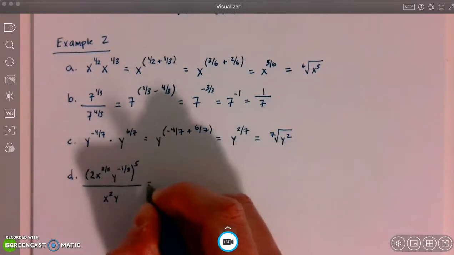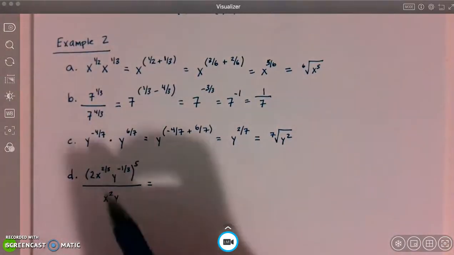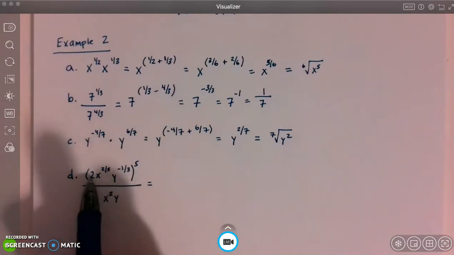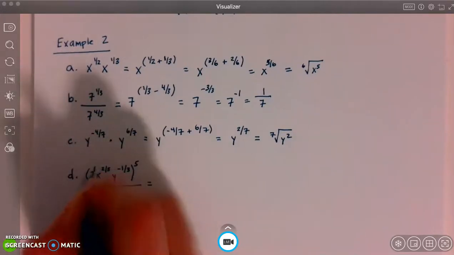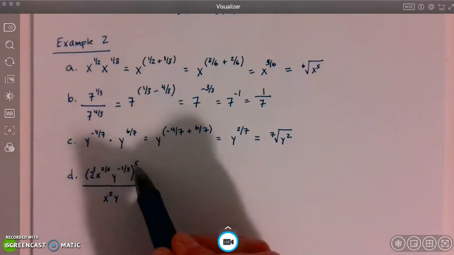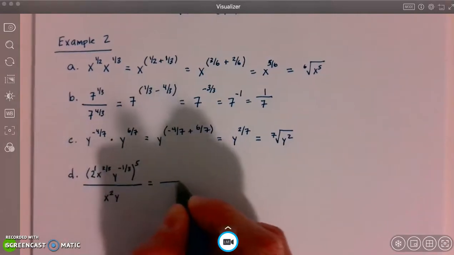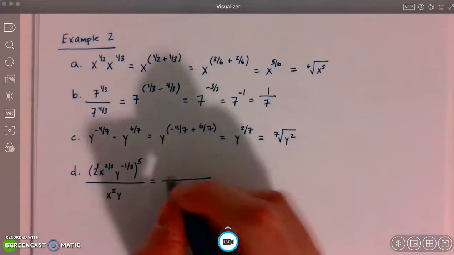All right, this next example is a bit more complex. We can see that now we have powers being raised to powers, so we're going to be multiplying exponents. In the numerator, we have 3 bases: 1, 2, 3. You have to remember that 2 has its own exponent, and in this case, it's 1. So when I multiply this 5 into every exponent, 2 is not attached to x to the 2/5 power. 2 has its own exponent.